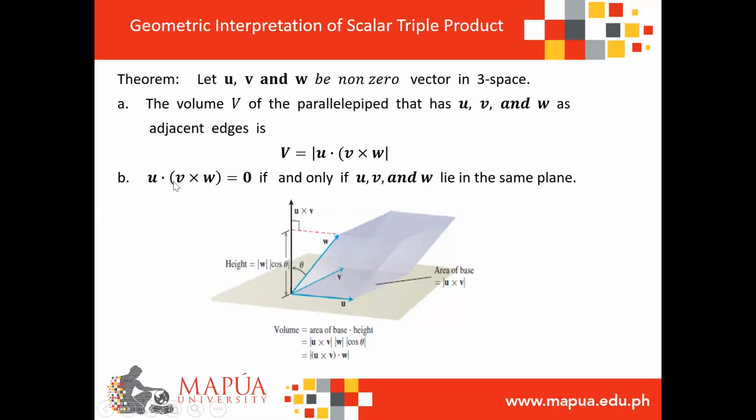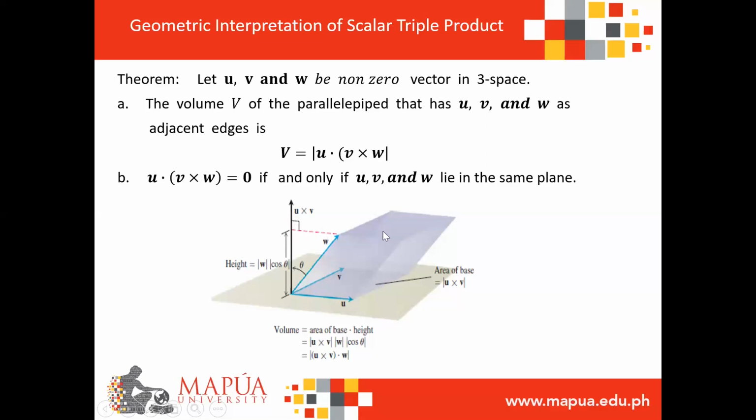Then, u dot quantity v cross w equals 0 if and only if u, v, and w lie in the same plane. So it means that when the scalar triple product equals 0, the three vectors are lying in the same plane and they are said to be coplanar.